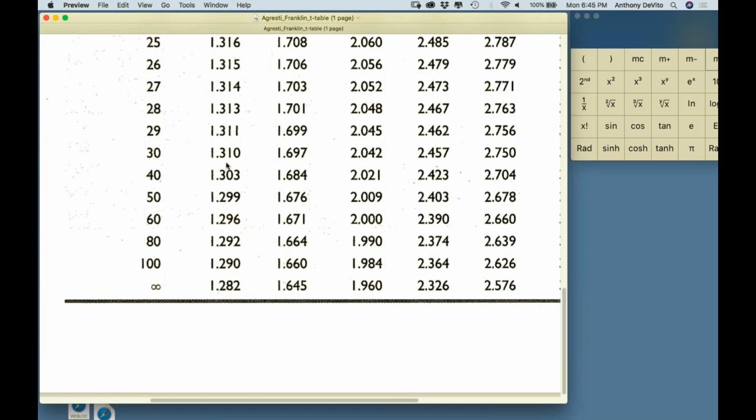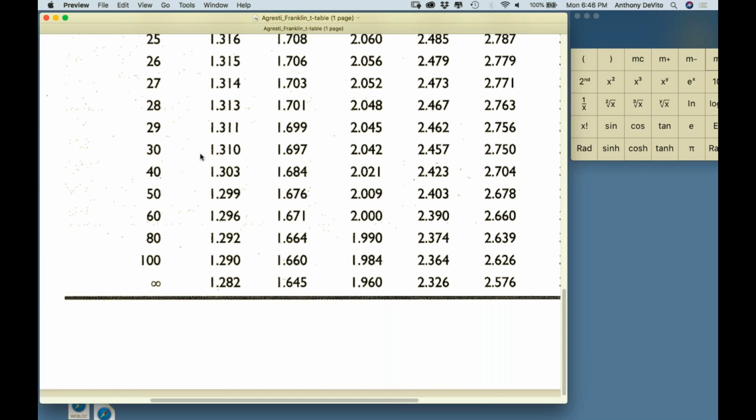Bingo. Let's say a sample size of 30: 2.04. Sample size of 40: 2.02. Getting really close. That's why you might say to yourself, if it's a sample size of 30 or 40 or bigger, I'm not going to go to the table, I'm just going to use 1.96.